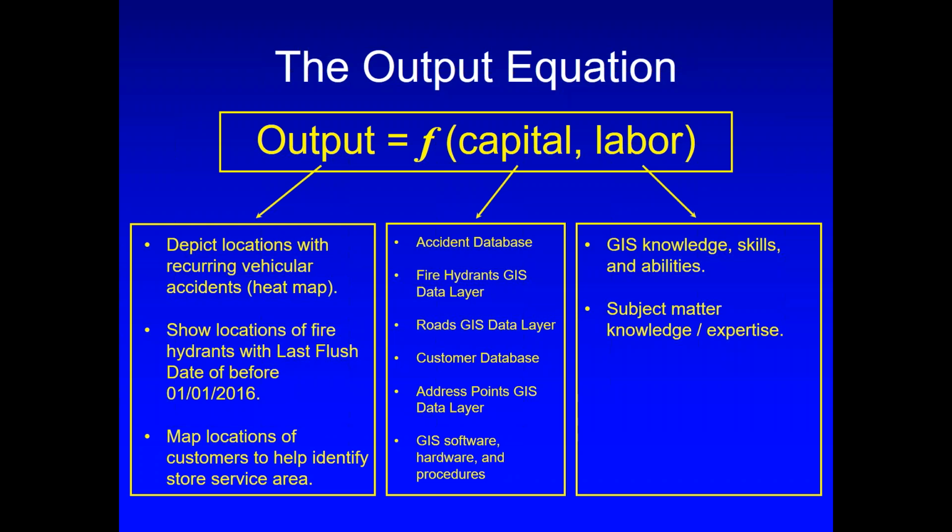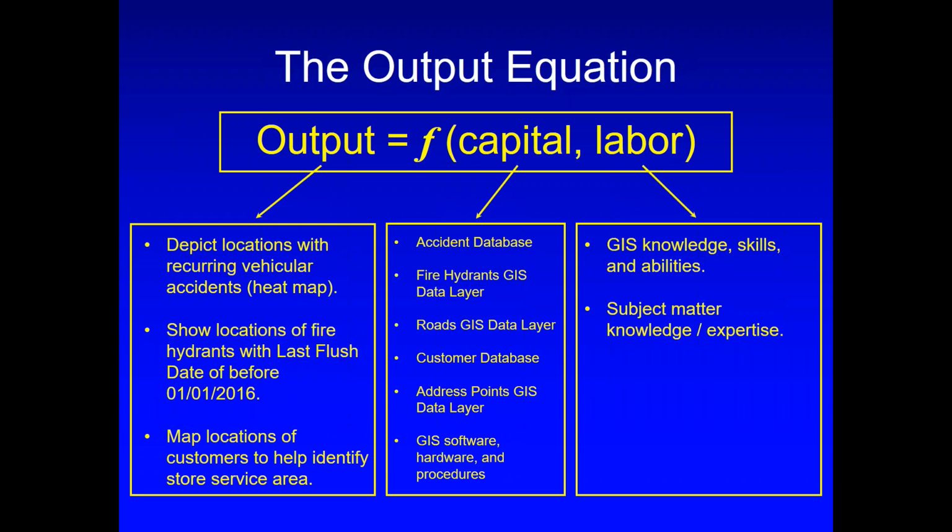However, you have to put some good stuff into the process, and one of those elements is the capital area. There in the middle box, you'll notice we need good data in order to get good output with respect to analytics. We'll need the fire hydrants GIS data layer, a really good layer of that information. Maybe you're geocoding to road centerlines or address points to see the locations of customers.